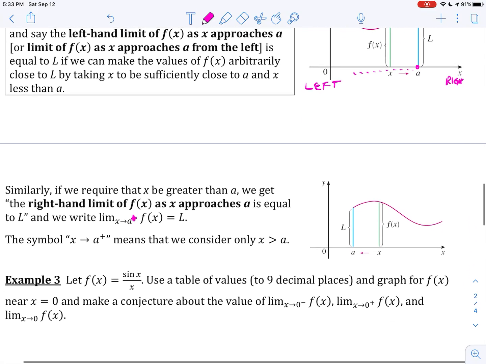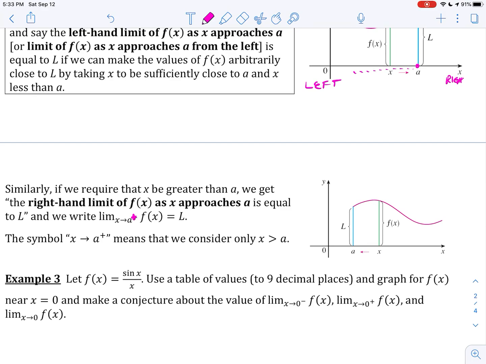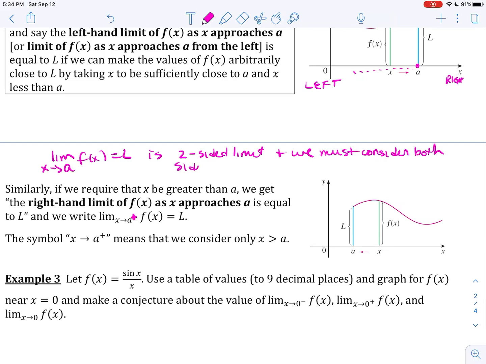Good, and just to be clear, the limit as x approaches a of f of x equal to L is a two-sided limit. And we must consider both sides for the limit to exist. And we'll clarify that in a moment.